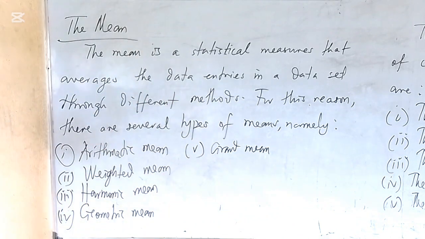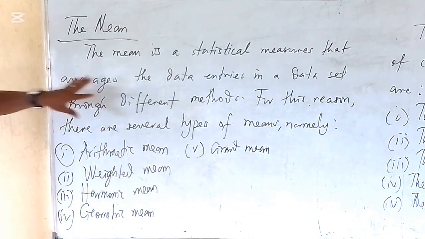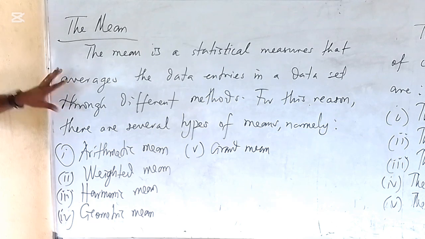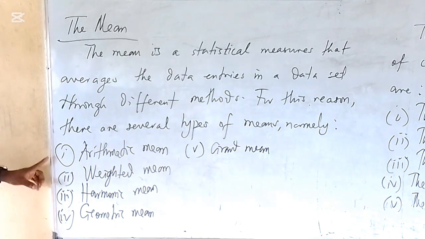So if there are different methods for doing that averaging, shouldn't there be different types of means? Because there are different methods for doing the averaging, it prompts different types of mean. And the first mean we shall be looking at is the arithmetic mean.